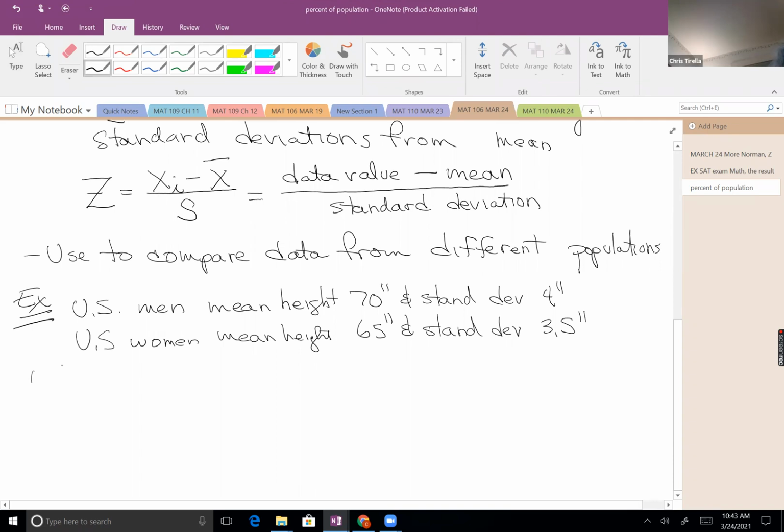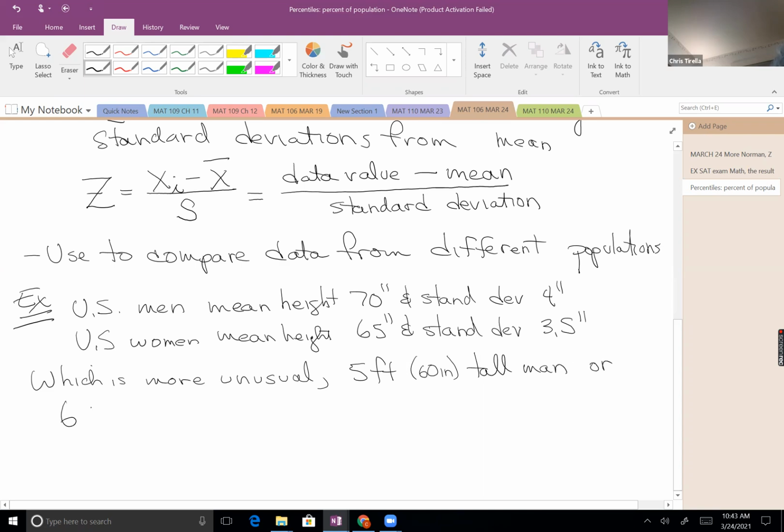I'm wondering which is more unusual: a 5 foot, which would be 60 inches, tall man? That's pretty short for a guy, right?